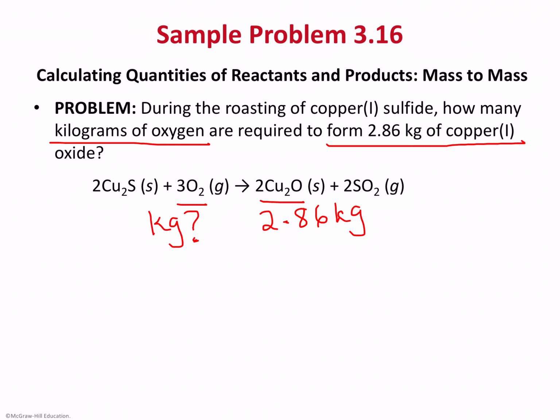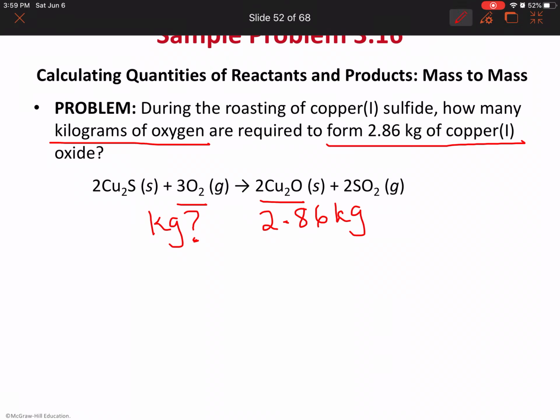Okay, we have more space there. How do we do this one? We start with always what's given to us, right? So we are given 2.86. That's what we start with. So you start with 2.86 kilogram copper oxide.